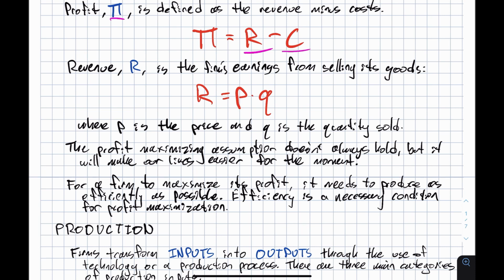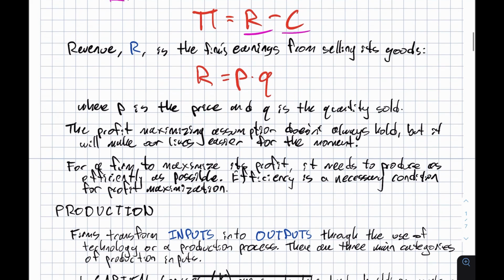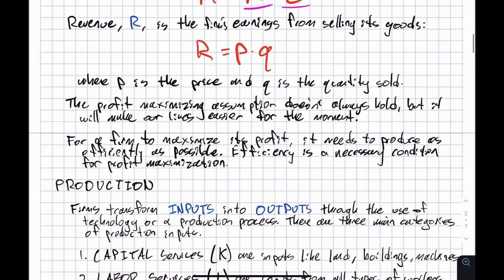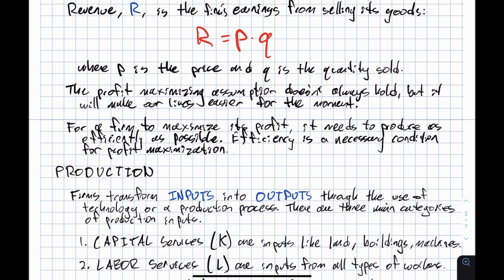But here, revenue is just the price that the firms are selling at, and we multiply by quantity. So we add up every unit that the firms are selling, and we multiply it by price, which gives us our revenue. So every unit at the price. And you've likely seen this before.